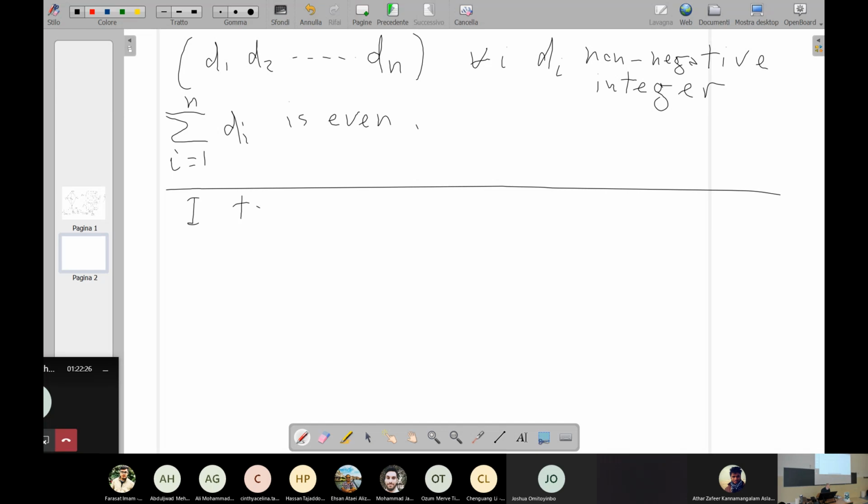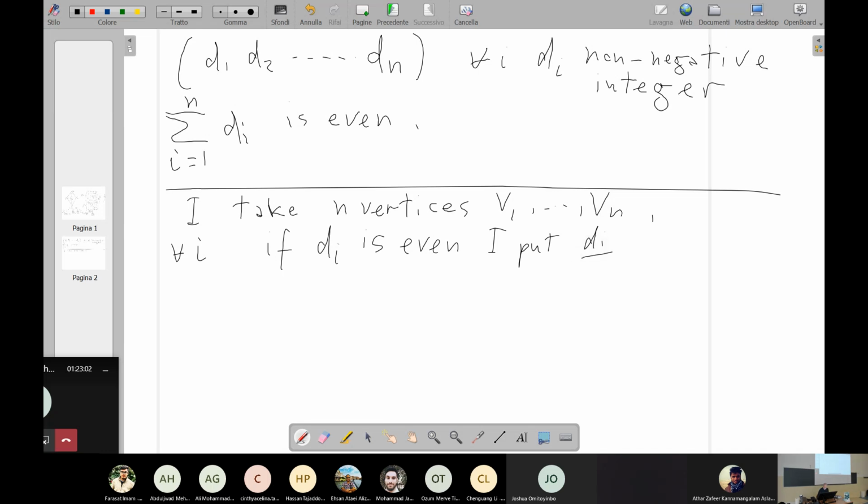I take n vertices v1, ..., vn. For each i, if di is even, I put di divided by 2 loops on vi.